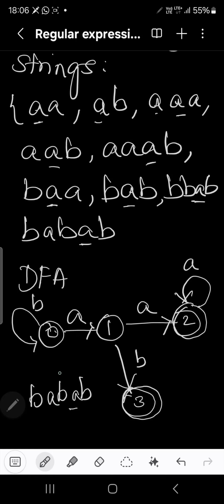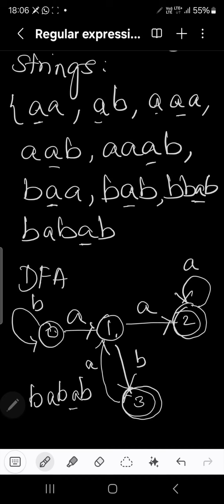Then the second character is an A, and the transition is from 0 to 1. The third character is a B, and the transition is from 1 to 3. The fourth character is an A, but there is no transition from 3 on A. So we will add an A transition. So this is satisfied.